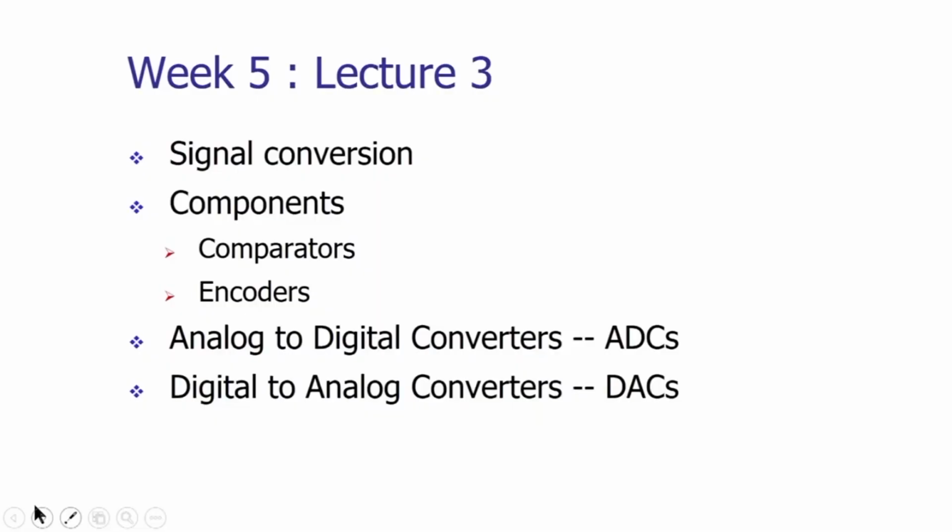Then what is there in the next lecture? Lecture 3 of week 5 will take the next aspect of signal conditioning, that is signal conversion. As we have seen in our previous lectures as well, some of the sensors are giving us passive signals.